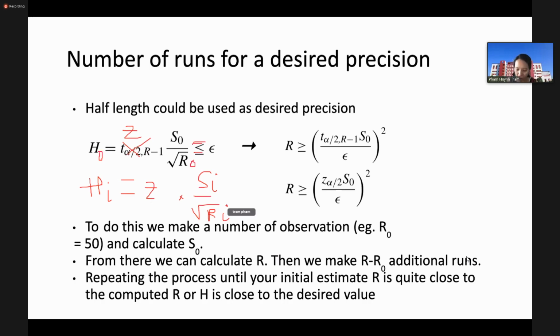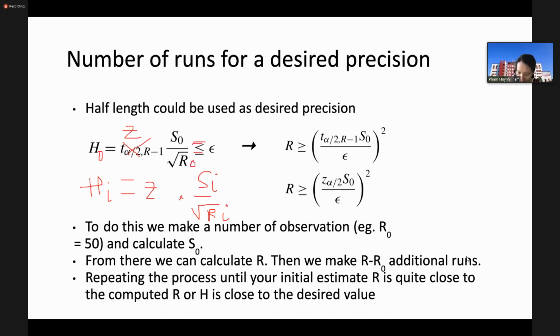So for different replications, we would have a different half width of the confidence interval. We will simplify the t by the z, and assume that the variance doesn't change much.